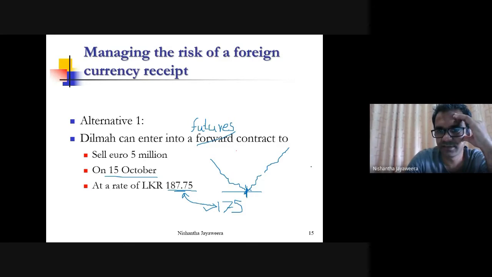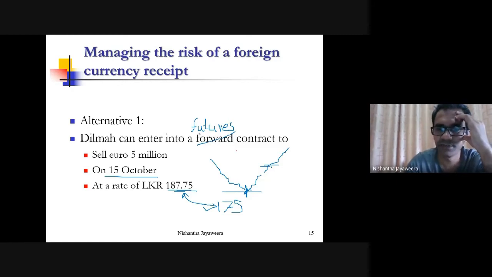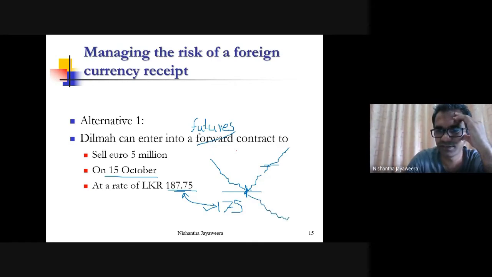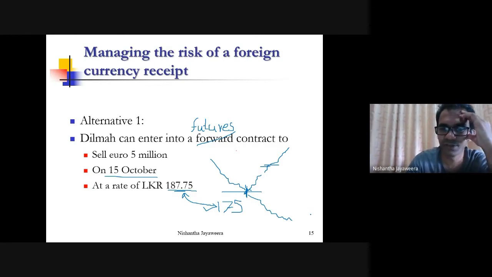Then on the maturity date, again you can sell your euro at the market price. But remember, you took this profit, then after that you're exposed to the risk. If it goes beyond this, you will lose that opportunity. Then you have to sell your euro at that rate.